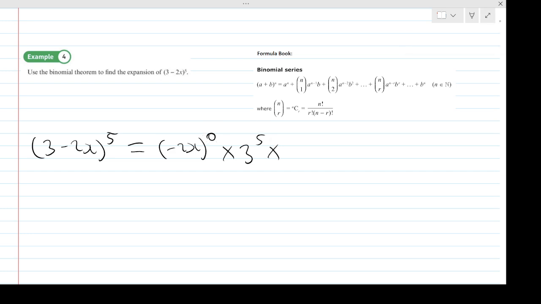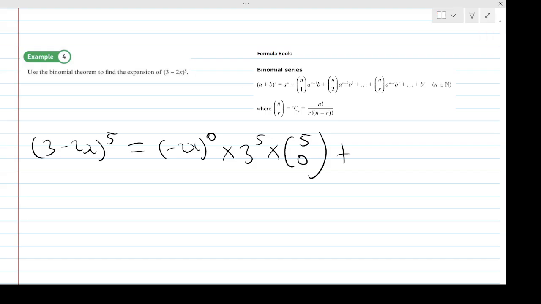And then we also have this coefficient part, which is n choose r. Well, n is 5 here, the power, and r is the power of x, which would be 0. We could work that out, but let me do all the terms first.